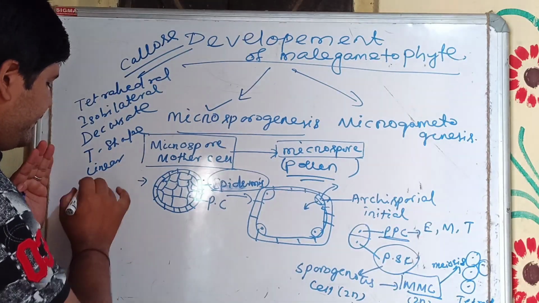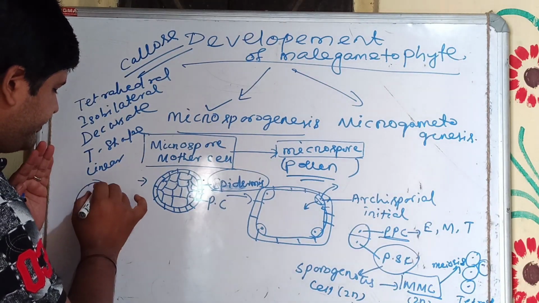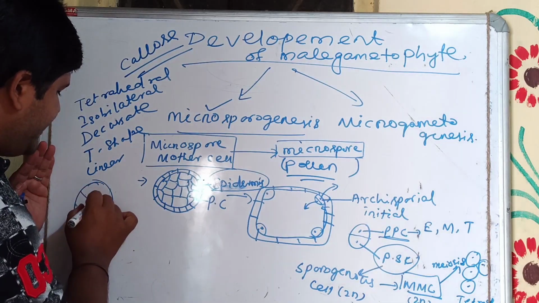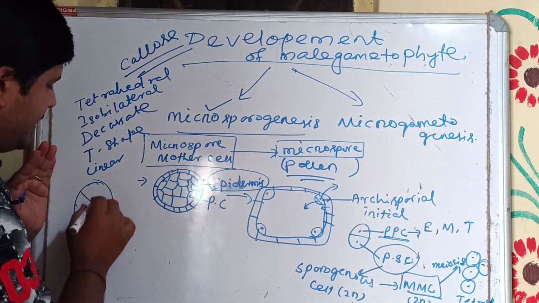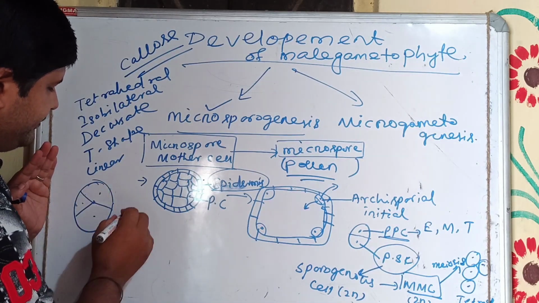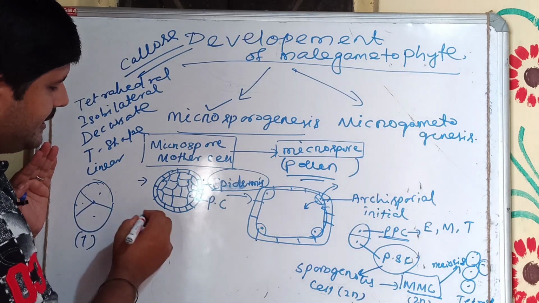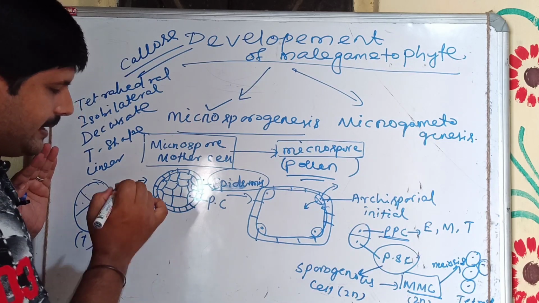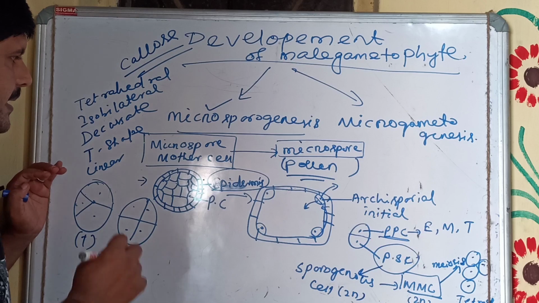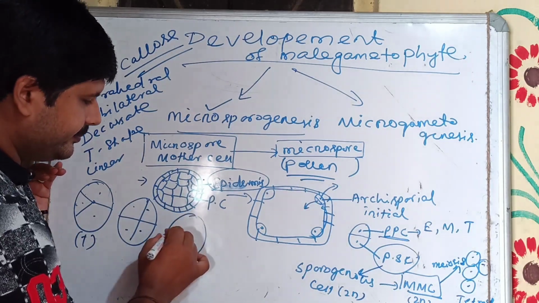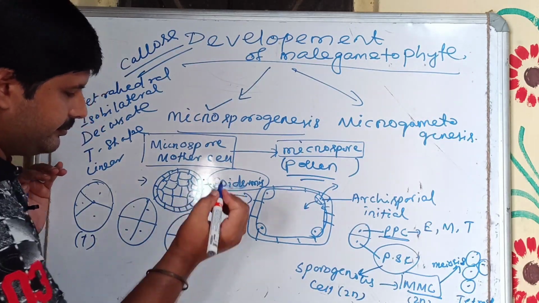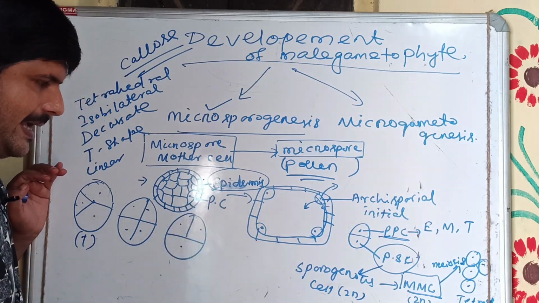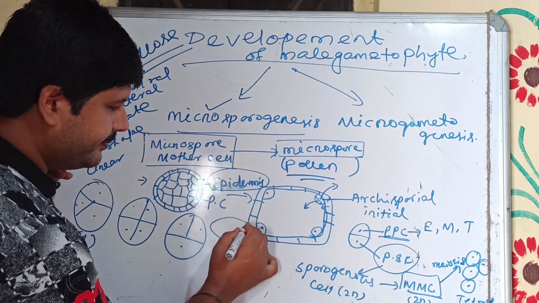If you see, this is the tetrahedral type of arrangement. Then isobilateral. These are the isobilateral arrangement. Then decussate. Then T-shape.